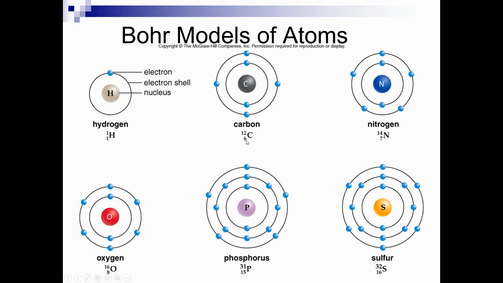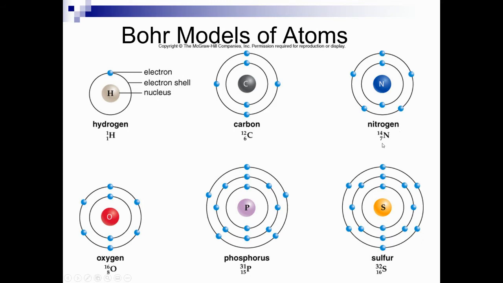Carbon with 6 protons has 6 electrons. My first 2 go into the first orbital closest to the nucleus. I still have 4 that I have to put somewhere, so I put them into the second orbital.